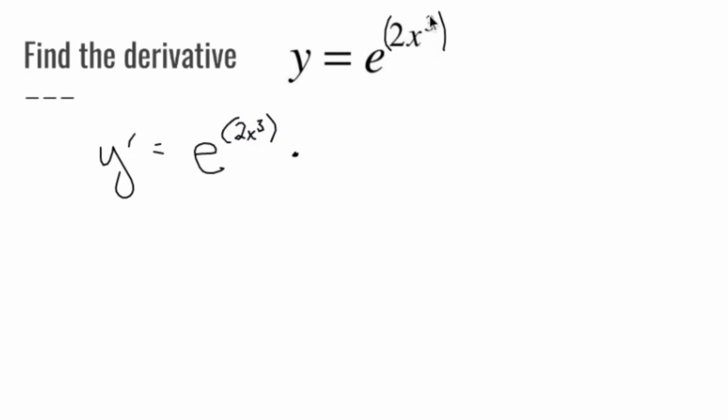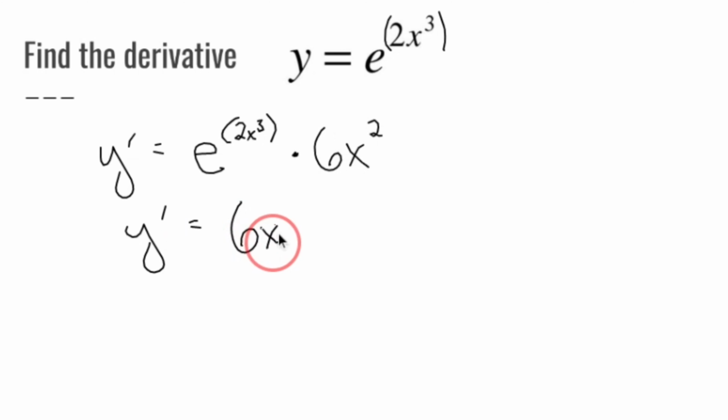The derivative of the inside stuff is 2 times 3, which is 6, 6x squared, because that 3 becomes a 2. Let me reorganize this to make it look prettier. Let me move this out front, and I am left with 6x squared e to the 2x cubed, and that is my derivative.